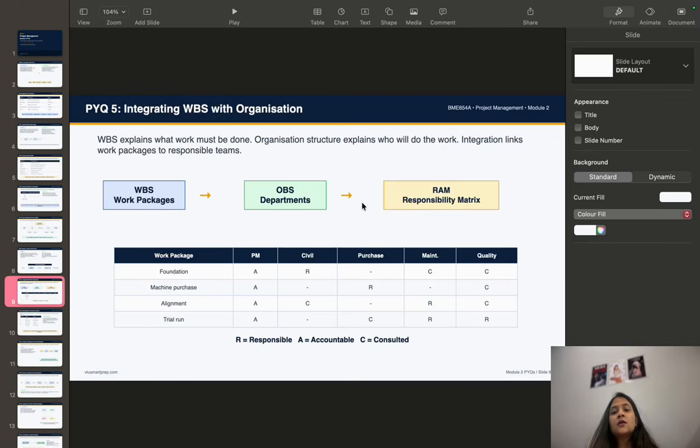So for example, for the foundation work, the civil department may be responsible, the project manager may be accountable, and the maintenance and quality teams may be consulted. This integration is going to improve the accountability, communication, and control. So these keywords you have to remember for the integration of WBS with the organization. This diagram, I mean table, and this flow you can remember, and then write these things in your sentences. Keywords you have to remember, and sentences you can write.